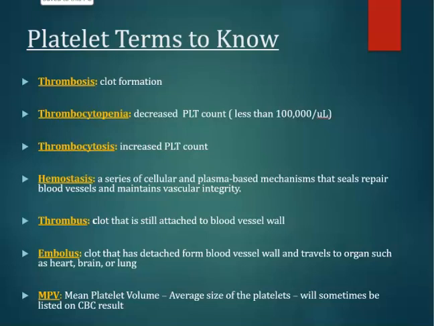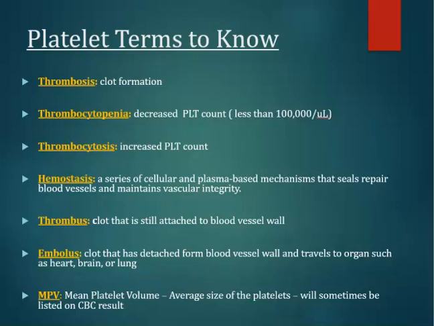Thrombocytosis is an increase in platelets. Hemostasis is a series of cellular and plasma-based mechanisms that seals and repairs blood vessels and maintains vascular integrity. And we mentioned it just a minute ago. Basically, it means the stop of the flow of blood.